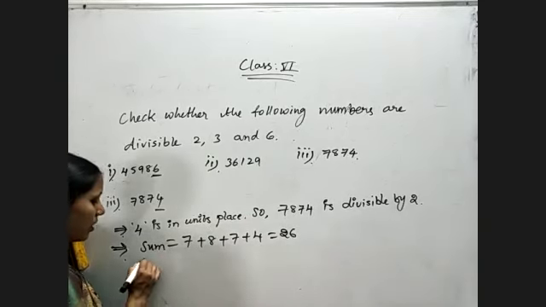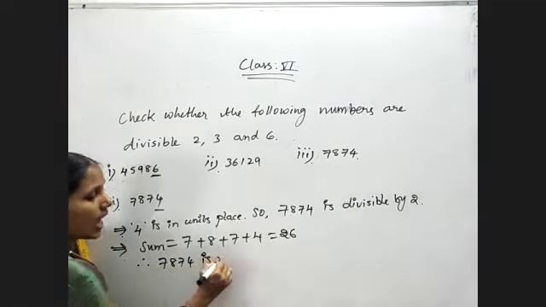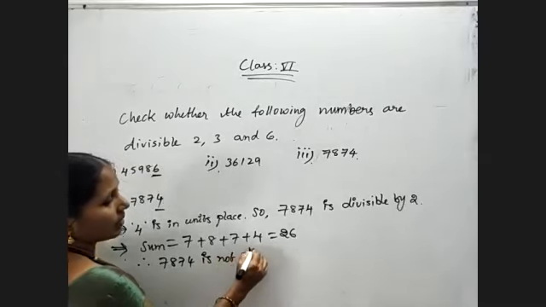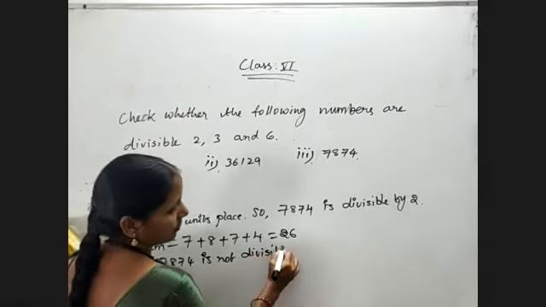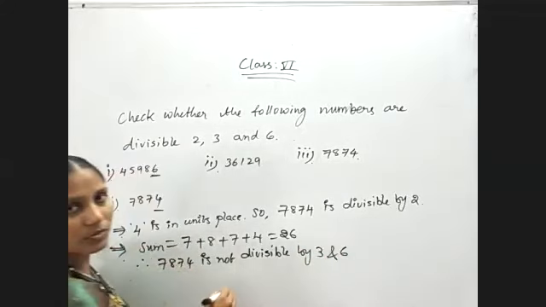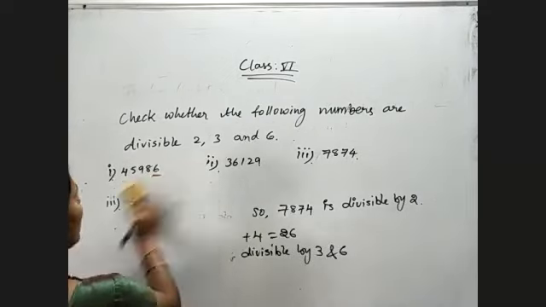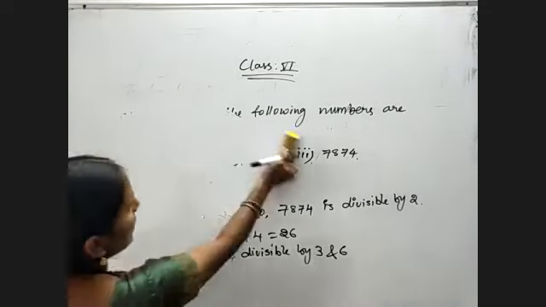No. Therefore, 7,874 is not divisible by 3, and also not divisible by 6. So like that we need to decide whether those numbers are divisible by 2 or 3 or 6.